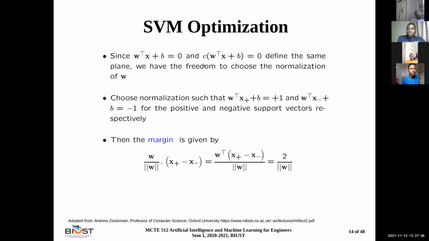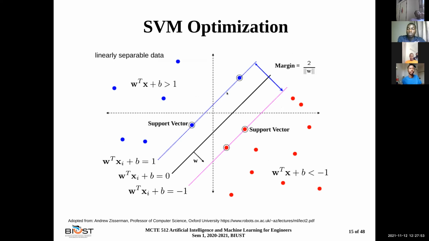This we know. Multiplied by some number, it will remain 0. Now on the line of the blue line, it is plus 1, and on the line of the red line, it is minus 1.